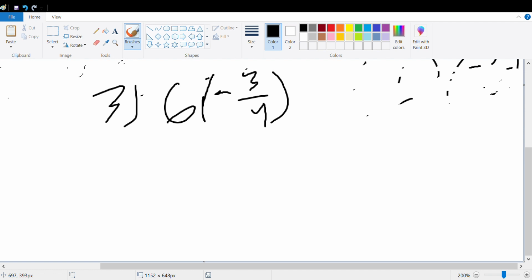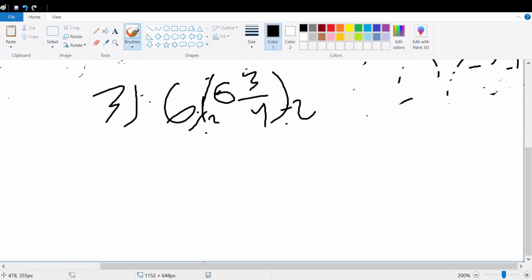So what we could do is simplify these two numbers by a multiple that goes into both of them. 2 could go into both of these, so we're going to divide the denominator and the outside number by 2. And since we're multiplying, let's bring the negative sign outside.